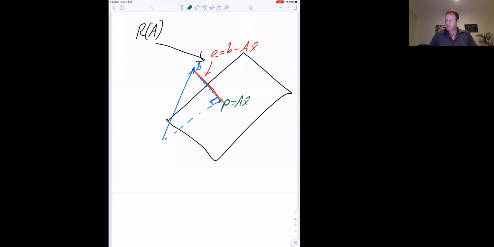So we're going to find some linear combination x hat. Before, x hat was a scalar.